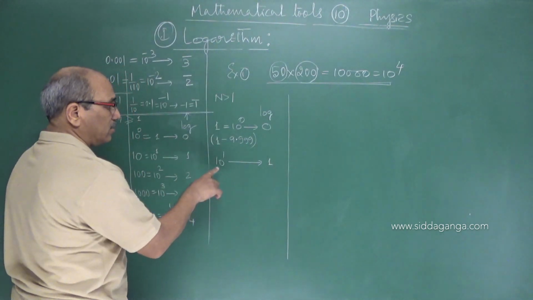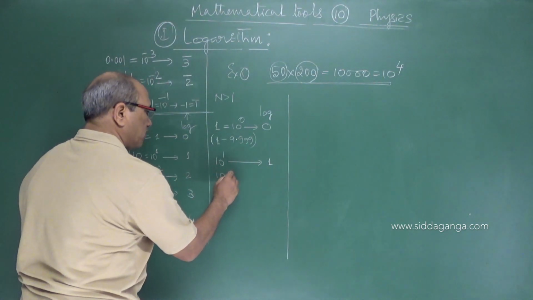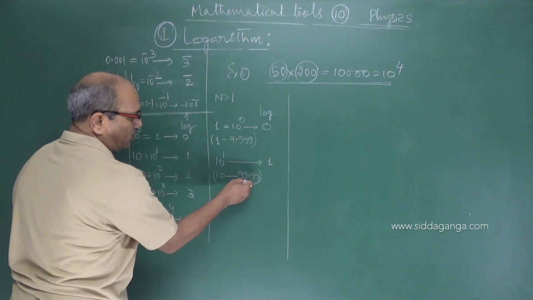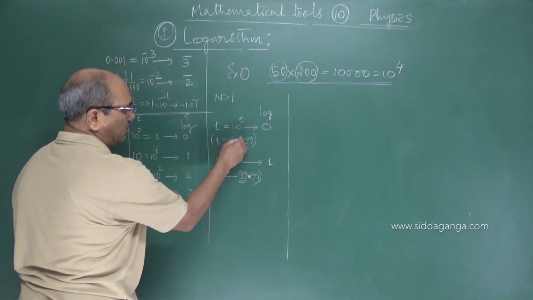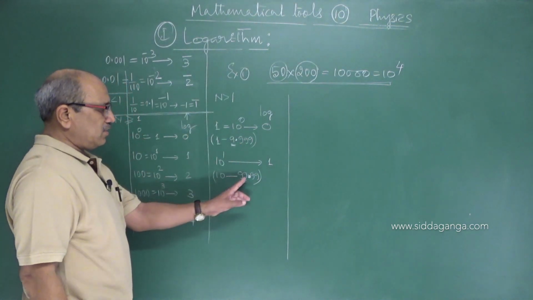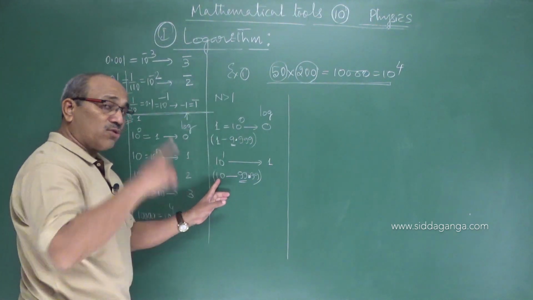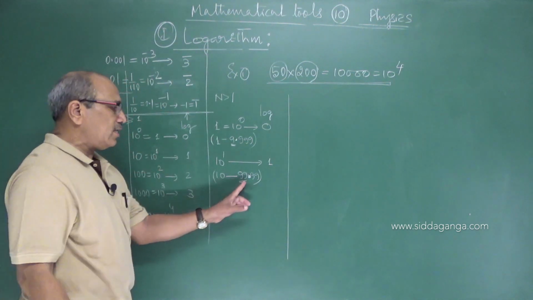Here I am saying from 10 to 99.99, two digits, see the decimal point. Any number between 10 and below 100, less than 100.